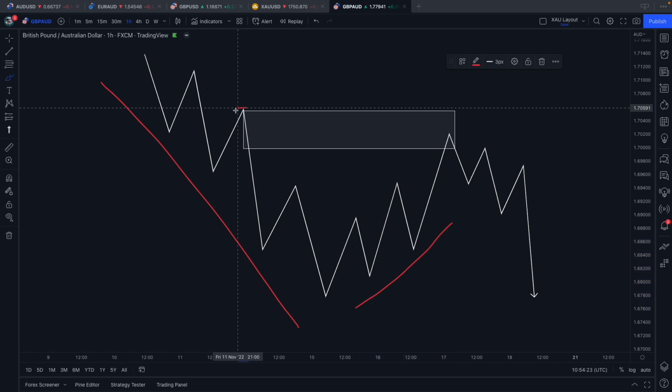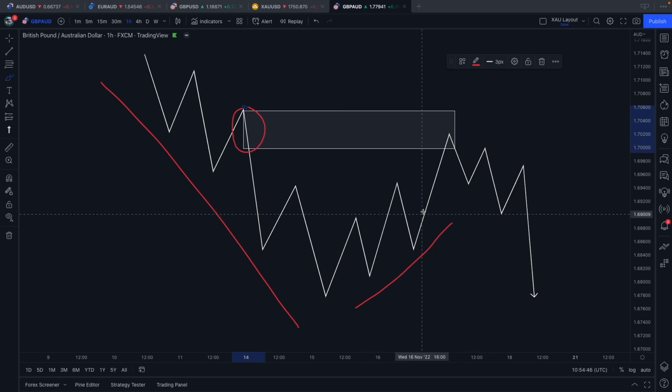Now this here highlights a point of interest, a last buy to sell region, any inefficiency within the market. This holds validity for the potential that price is going to tap into it and then go on to reverse, creating its next impulsive wave. This being an impulsive wave here, we can expect the same to happen here after a correction.